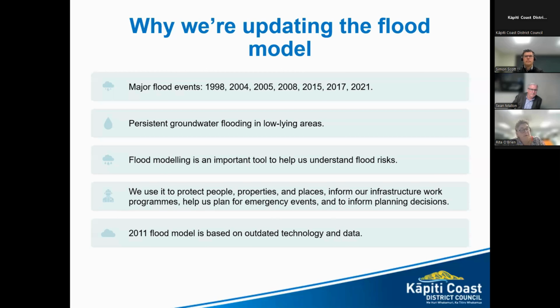For the Waikanae River above State Highway, that peaked at a flow expected from a 10-year return event. At Te Horo Beach, the return period for the rainfall there was equivalent to a 10-year event, and for the Wharemauku stream, it was quite a big event, and the flows under State Highway peaked at the flow expected from a 20-year return period.